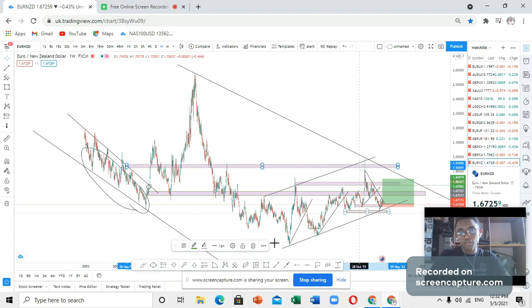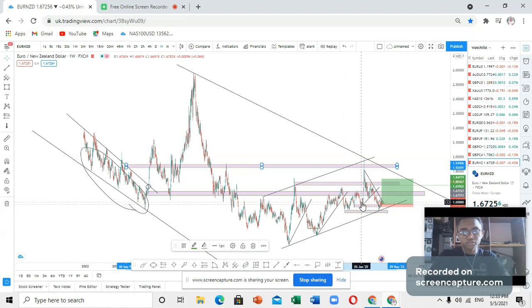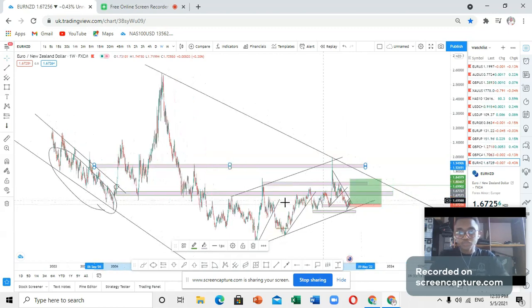You can see that after touching this trend line here, the market moved to the upside and then to the downside again, touched this trend line here, and then had a move to the upside again to this point of resistance here, had another move to the downside, another move to the upside, kind of consolidating.